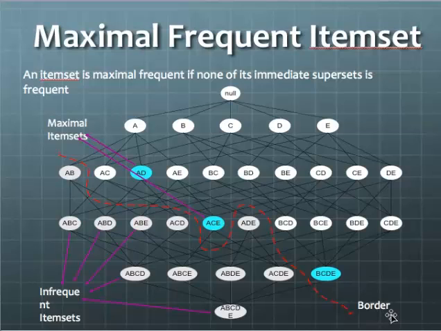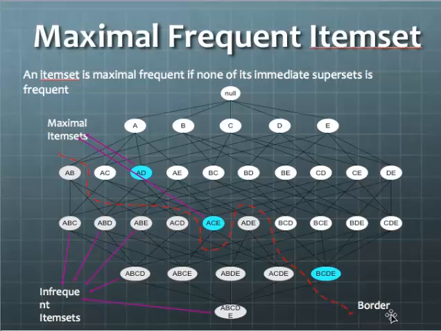So an additional pass over the dataset is therefore needed to determine the support counts of the non-maximal frequent item sets. In some cases, it might be desirable to have a minimal representation of frequent item sets that preserves the support information. This is the next method we're going to discuss.